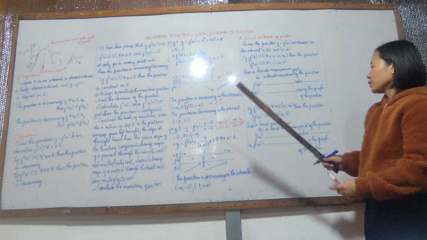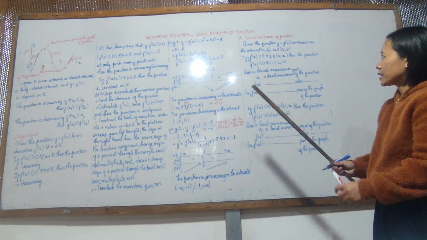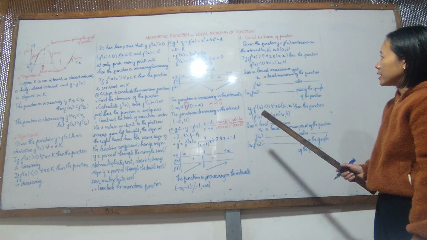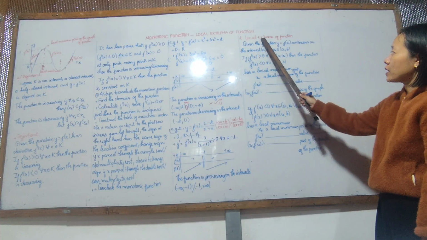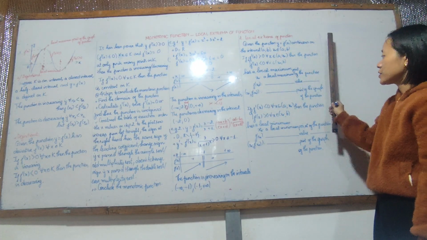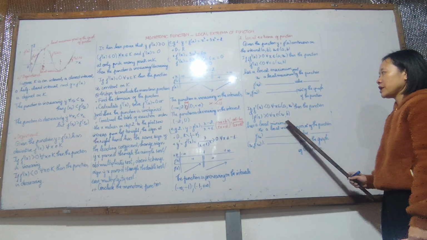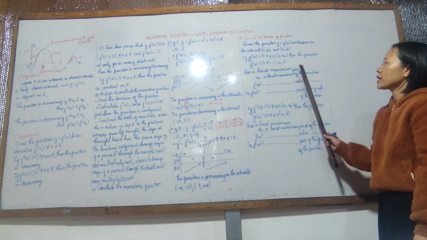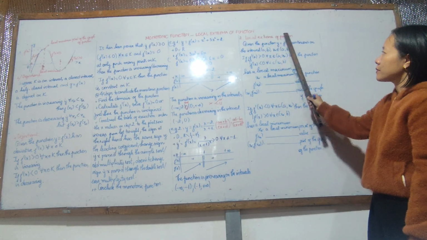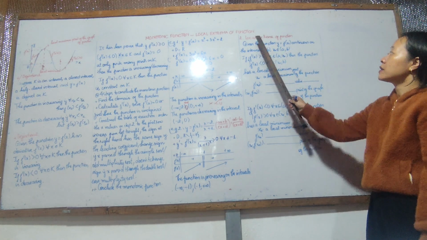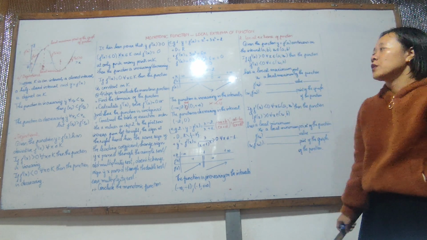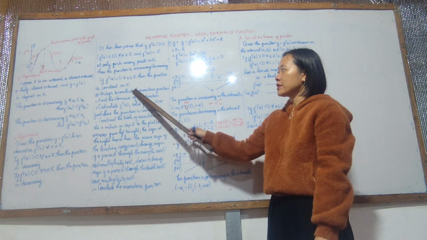And generally they are local extrema of function. Instead of calling it local minimum or local maximum, we can call it the local extrema of function. To find the local extrema of function, we will follow 4 steps like this one.